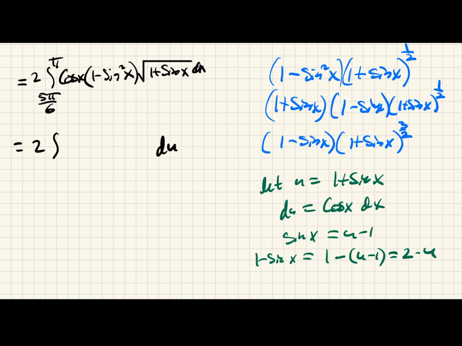That 1 plus sine x to the 3/2 is u to the 3/2, and the 1 minus sine x would be 2 minus u, right? Is that everything accounted for? I think we can integrate that. So we have 2 times the integral of 2u to the 3/2 minus u to the 5/2 du.